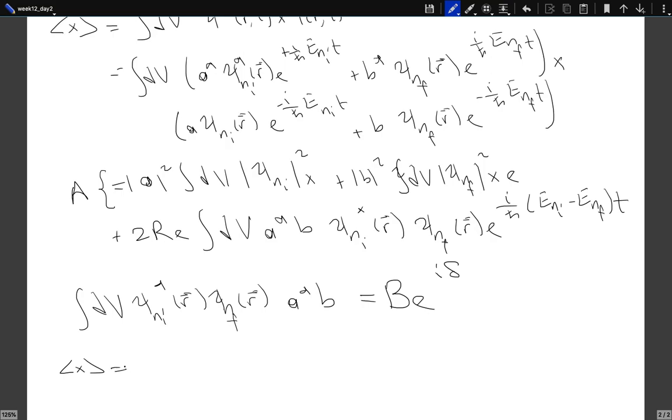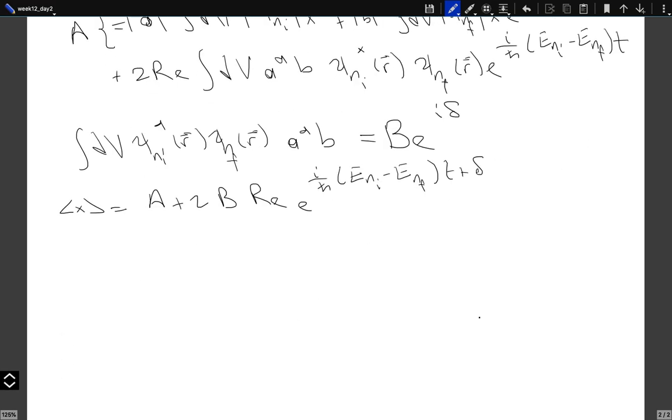So the expectation value of x becomes A plus twice B times the real part of e to the power i over h bar (E i minus E f) t plus delta, or A plus twice B times cosine of (2 pi nu t plus delta), where h nu is the energy difference.